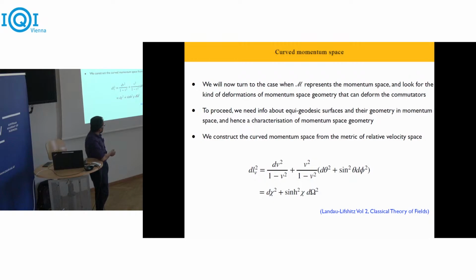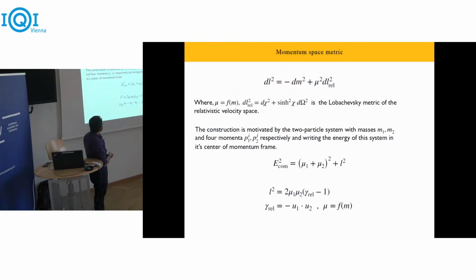So, we know that in special relativity the 3-dimensional relativistic velocity space is described by hyperbolic geometry, Lobachevsky geometry, and this can be found in Landau-Lifshitz, for example. This is the 3-dimensional geometry of relativistic velocity space. I want to construct the 4-dimensional version of this, which I will do by demanding that when the relative velocity between two different points in the momentum space is 0, the metric that I want to construct measures the difference in rest masses corresponding to the 2 points.